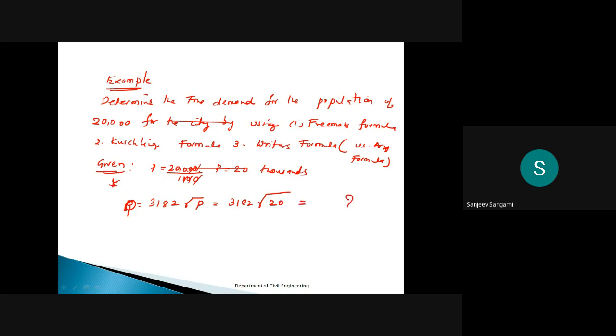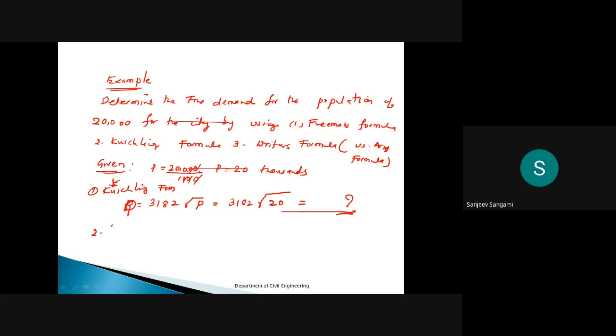Then you do the calculation and see how much you get. So this is the first, that is Kuchling formula.